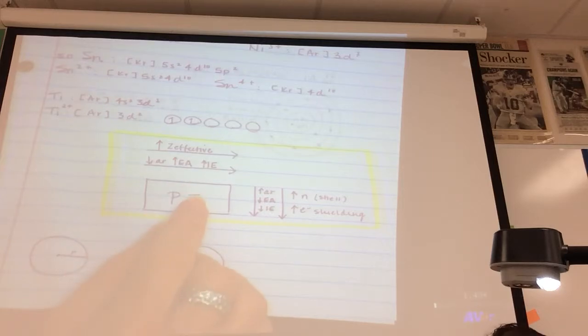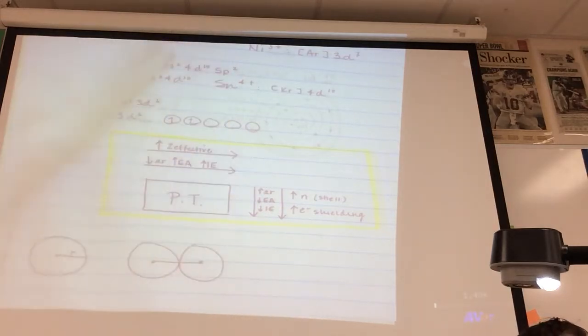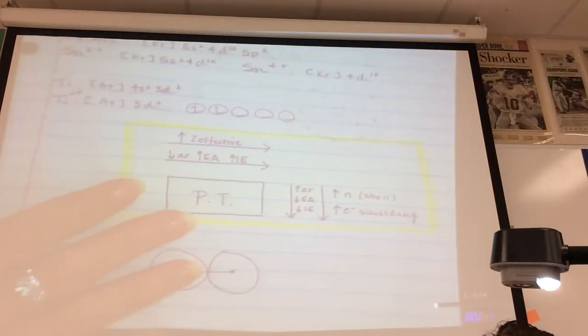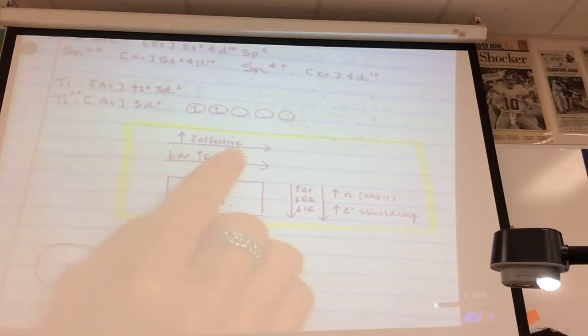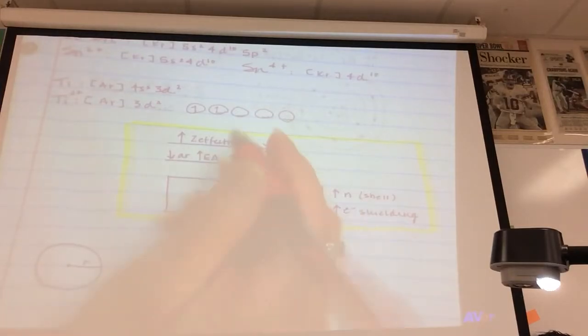We have already established that across a period, the effective nuclear charge increases, resulting in a smaller radius, and you're going to see a larger electron affinity in most cases. There are some anomalies here that we're going to get into this year.